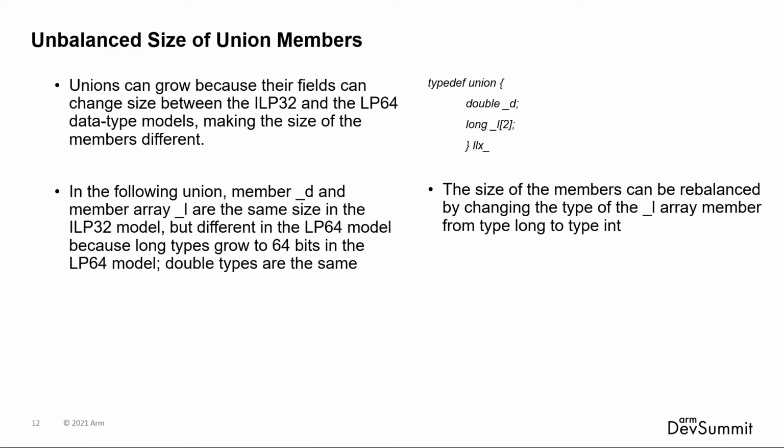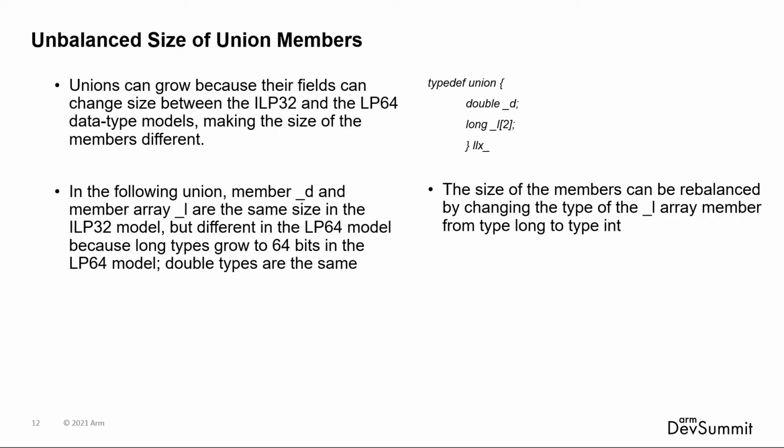Unions are a very useful and powerful tool to view a set of bits in memory in different ways. For example, an unsigned integer might be useful when accessed as a full 32-bit value in some cases, but you may also want to access the individual bytes separately for other data manipulation operations.